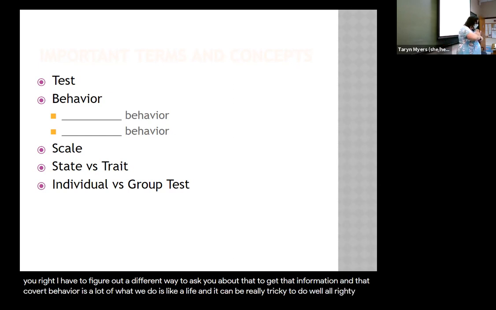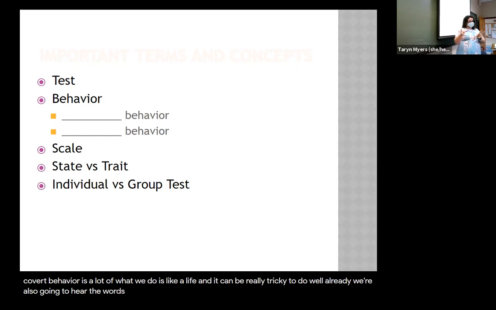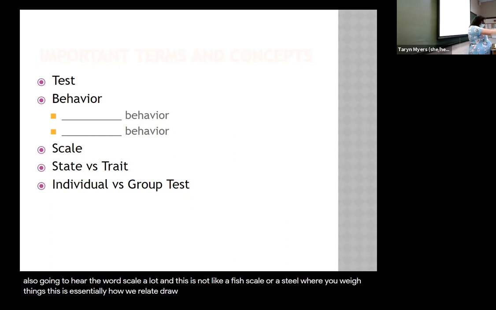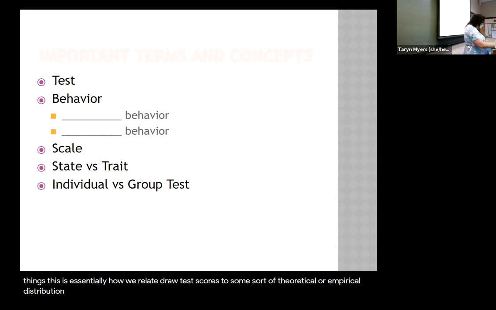Alrighty, you're also gonna hear the word scale a lot. And this is not like a fish scale or a scale where you weigh things. This is essentially how we relate raw test scores to some sort of theoretical or empirical distribution. So basically, that's a really wordy way of saying a scale is how people respond to a test.